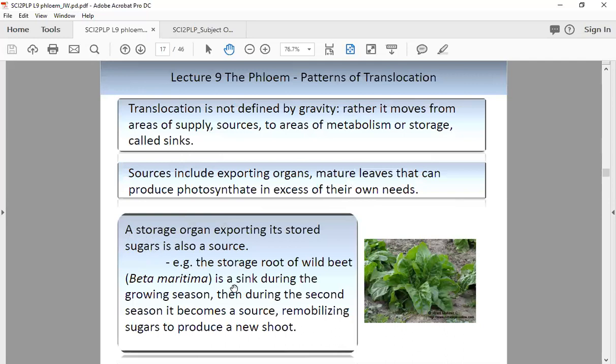It acts as a sink, obviously, during the growing season, so it's importing lots of carbohydrates, and then during the second season it actually becomes a source, so it starts exporting those carbohydrates to start producing a shoot, which will then produce the reproductive structures. So this is a really good example of a sink that then becomes a source. And I think that goes back to what you were saying, Lachlan, about the senescing leaves. The same sort of principle applies here.